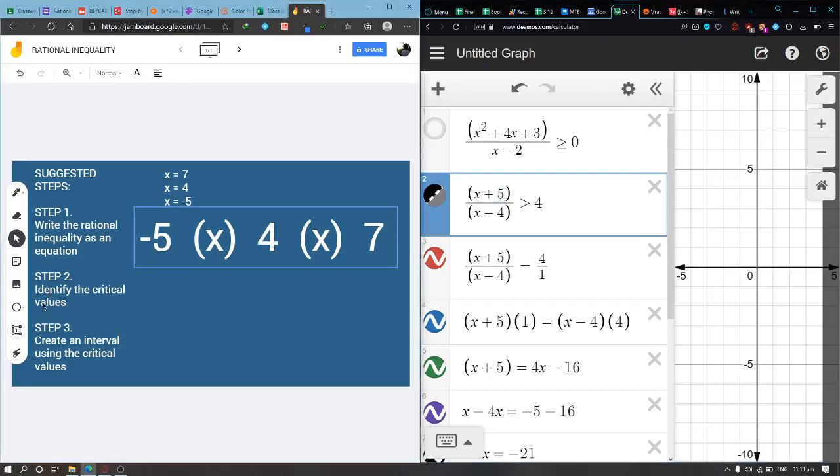Let's substitute this into this inequality: x plus 5 over x minus 4 must be greater than 4.